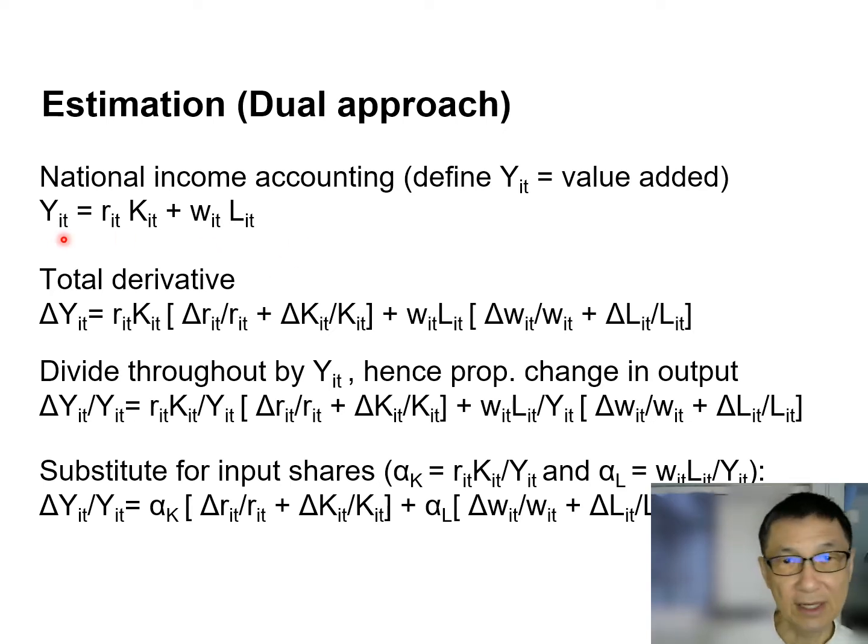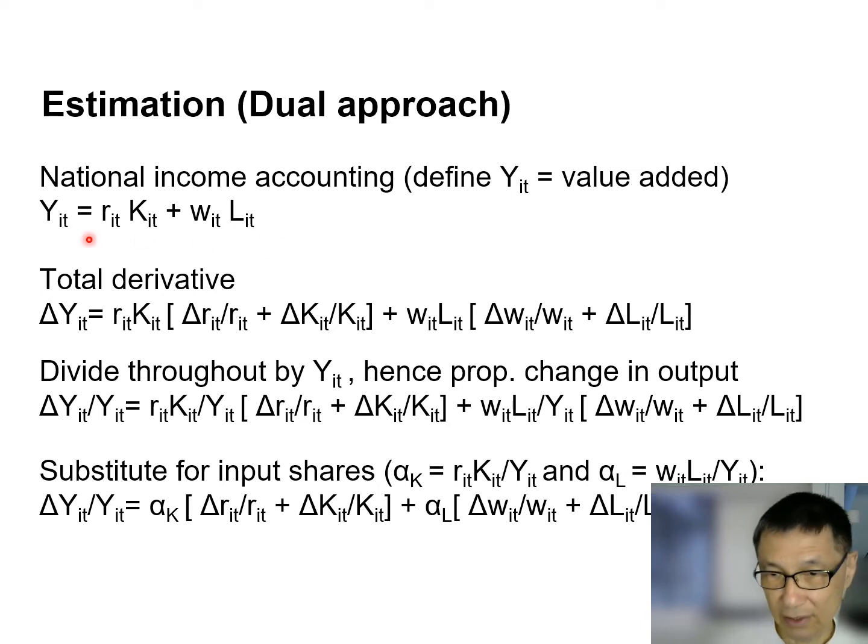Y subscript IT is total value added, total output. R subscript IT is the rental of capital. K subscript IT is the services of capital. W subscript IT is the wage. L subscript IT is labor.